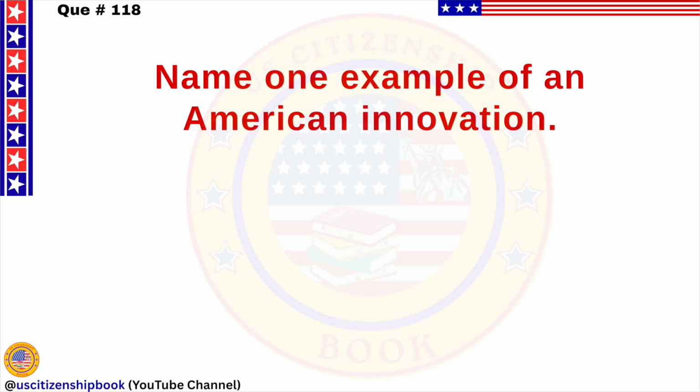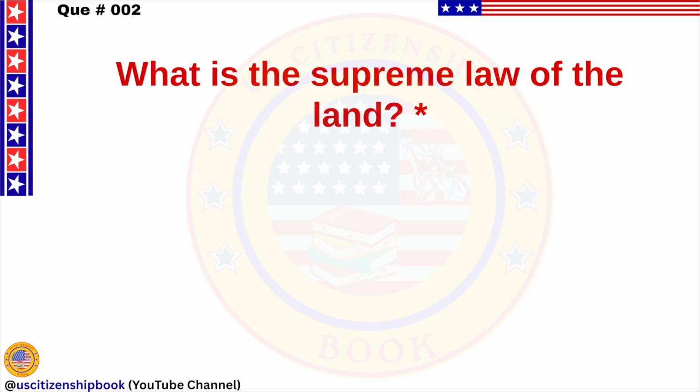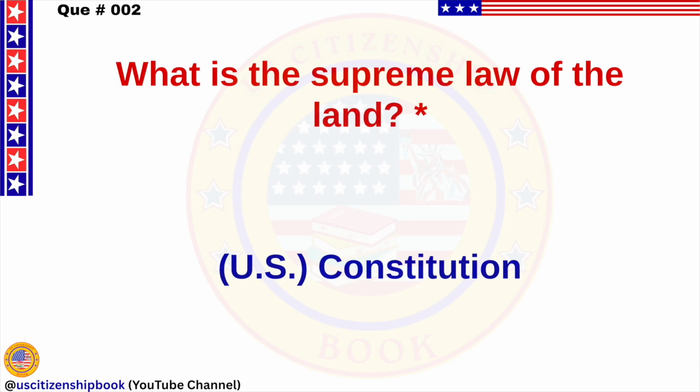Name one example of an American innovation. Light bulb. What is the supreme law of the land? U.S. Constitution.